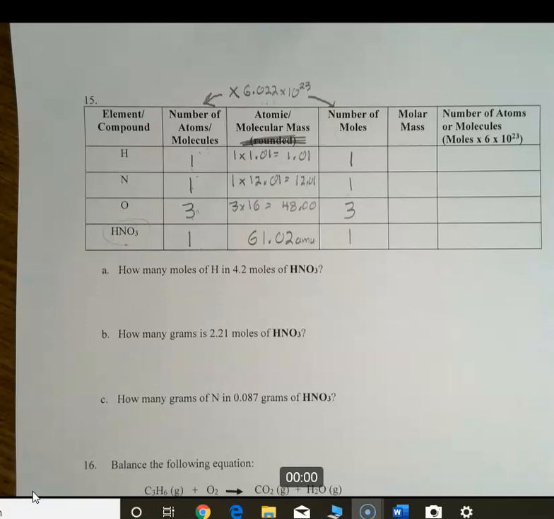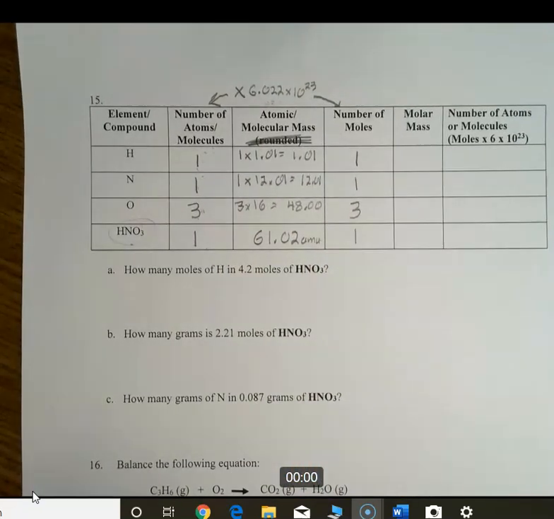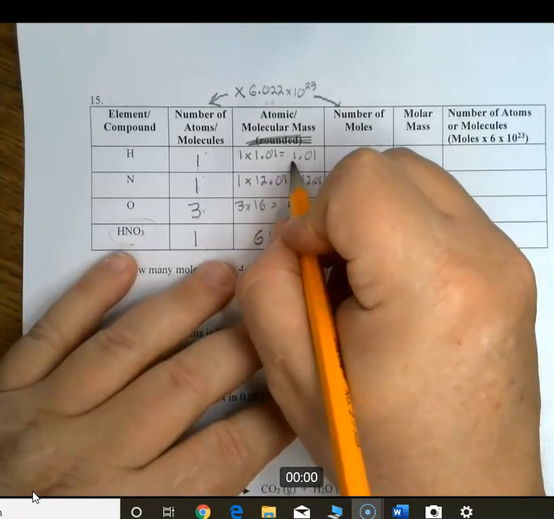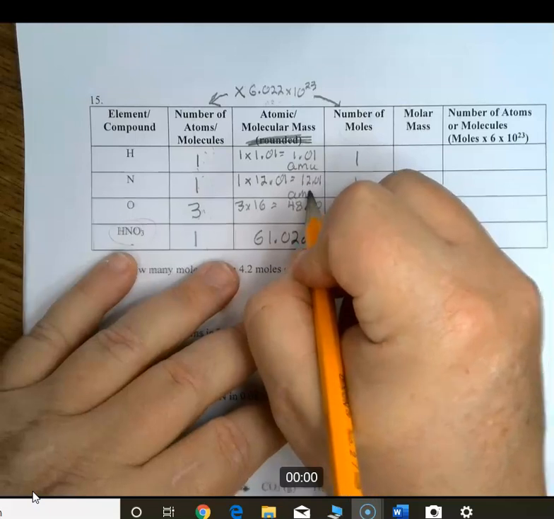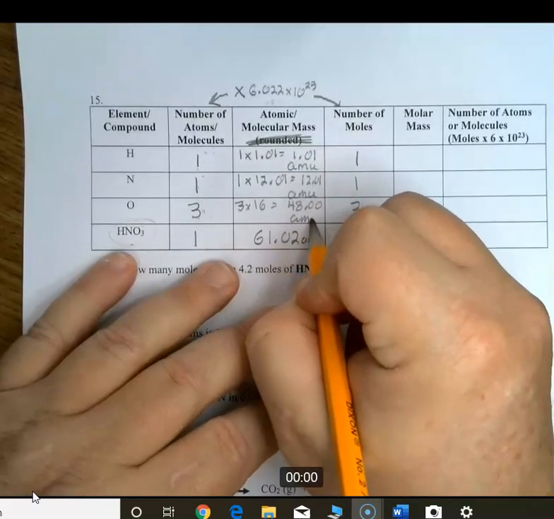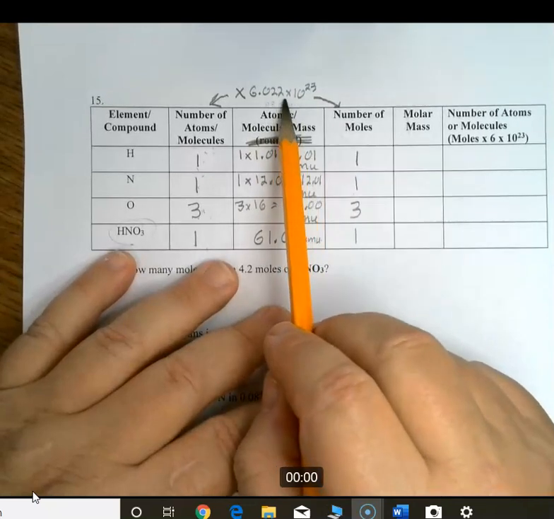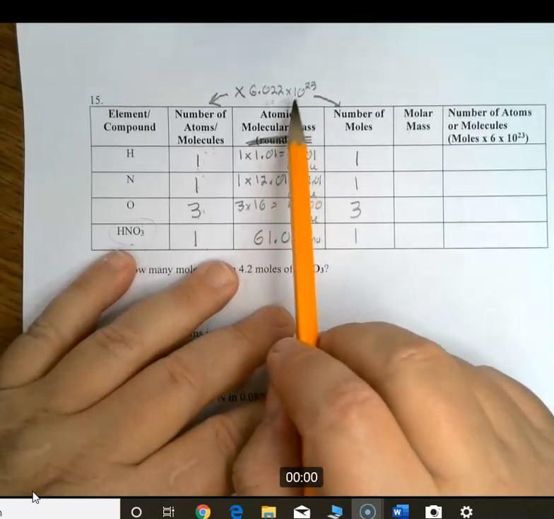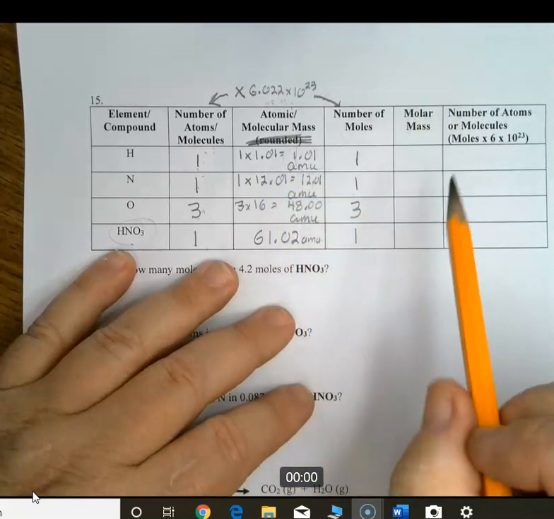Okay, that's not why this number is special. Why this number is special is the next column, is that it absolutely equates, these are all in atomic mass units, the mass of a single proton or neutron. But what this number does, it's the only number in the whole universe that'll do this. It equates this number in AMU to the same number in grams.